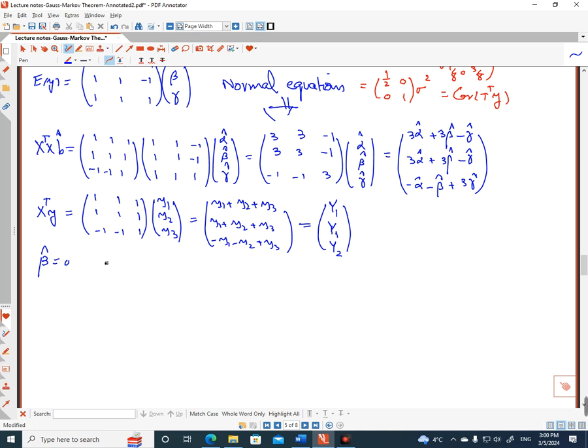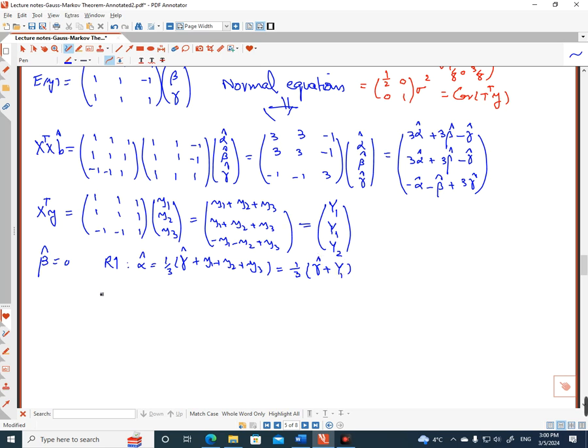Okay, remember the solution, set beta hat equal to 0. Then from the first row I can conclude that alpha hat is equal to 1/3 gamma hat plus y1 plus y2 plus y3, which I can represent as 1/3 gamma hat plus capital Y1.